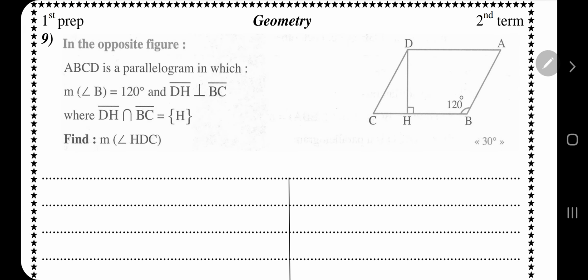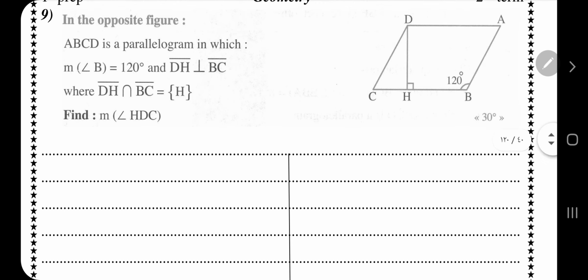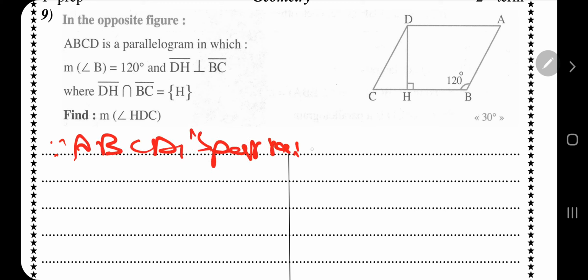The next one, he asked me to find the measure of angle HDC. How can I find it? At first, since ABCD is parallelogram, as you know, measure angle C equals 180 minus 120 equals 60 degrees.